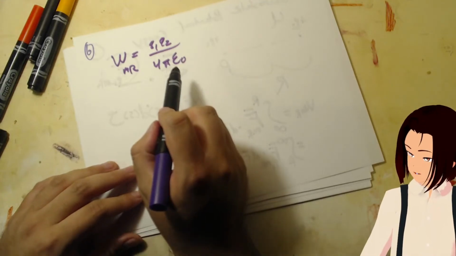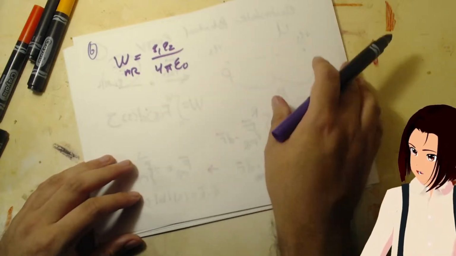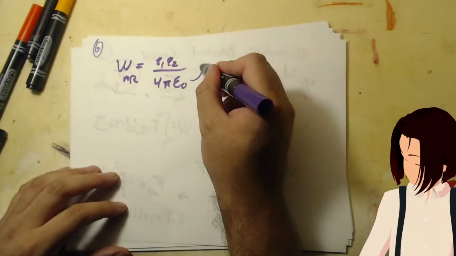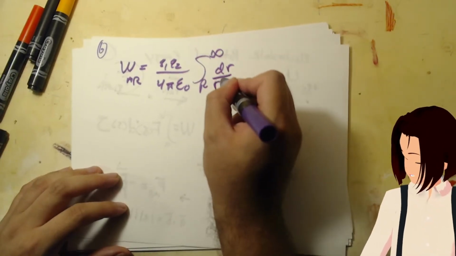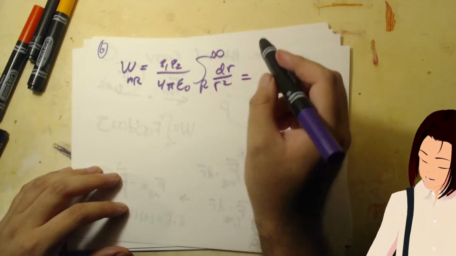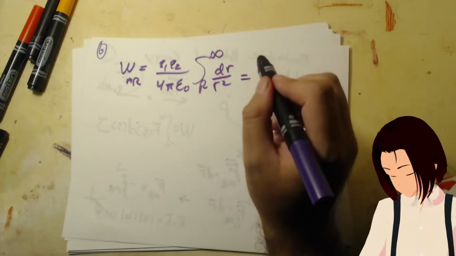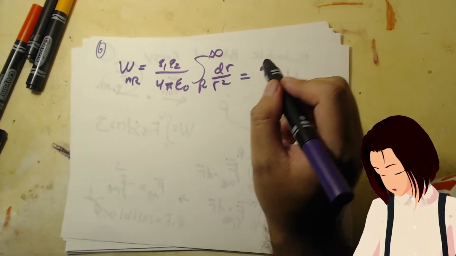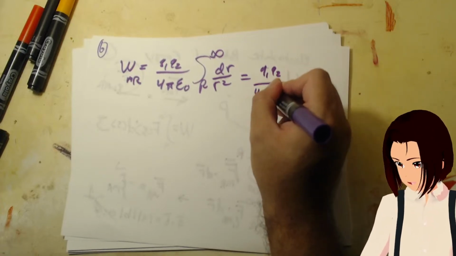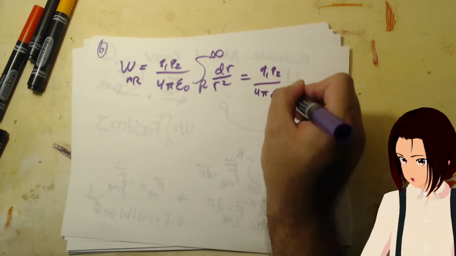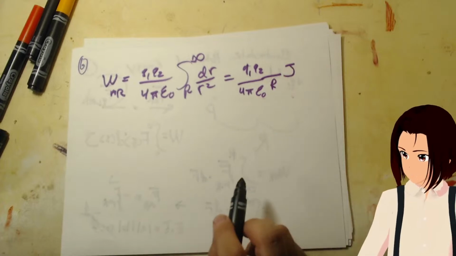epsilon naught, which is the permittivity of free space. It's another constant. You know how weird this stuff is, and we have to live with it. So, integral of dr over r squared, and I'm just going to tell you the answer: Q1 Q2 over 4 pi epsilon naught r, in joules.